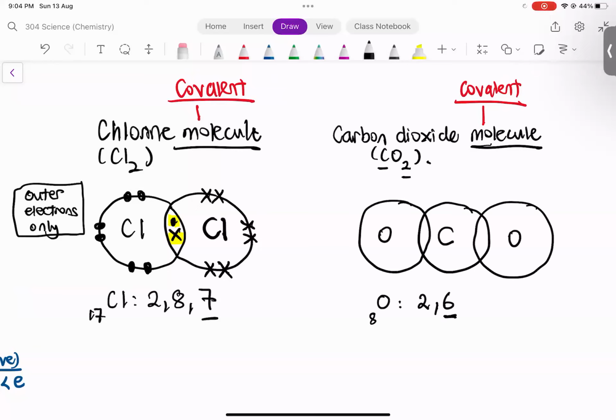Oxygen is 8 electrons, therefore 2, 6. 6 outer electrons. It requires 2 more electrons to achieve a fully filled outer electron shell.